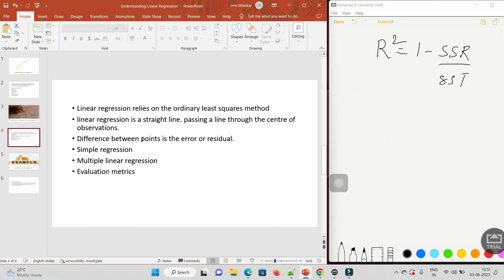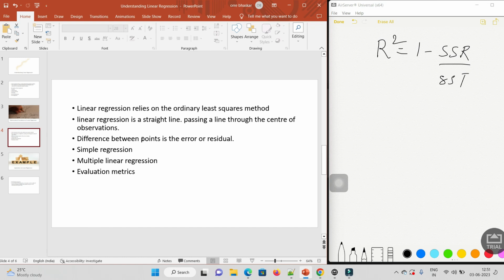What is it? It is the sum of square differences between the actual target variable and the predicted values obtained from the regression model. What is SST? It is the sum of squares total. This is nothing but the sum of square differences between the actual values and the mean of the target variable.